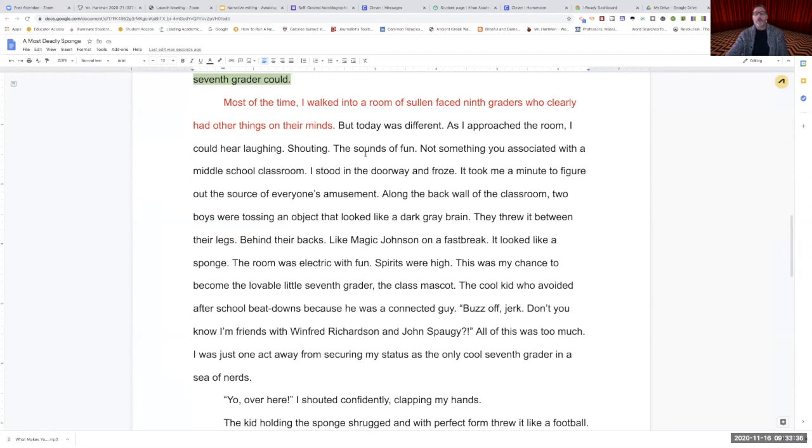Okay, so for those of you who take your writing seriously and are interested in developing, this is a higher level observation. You'll notice that this paragraph is divided into a couple of different things.